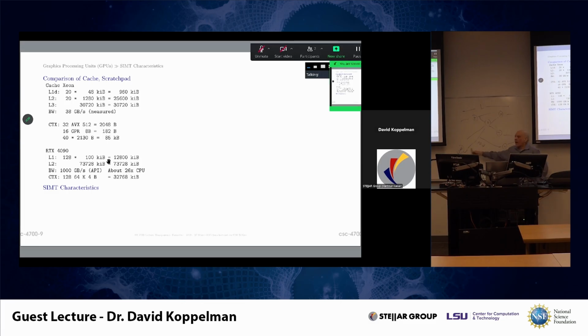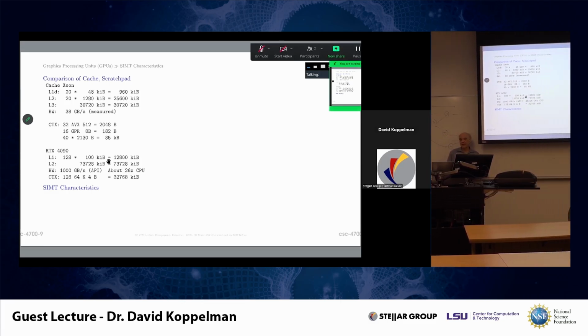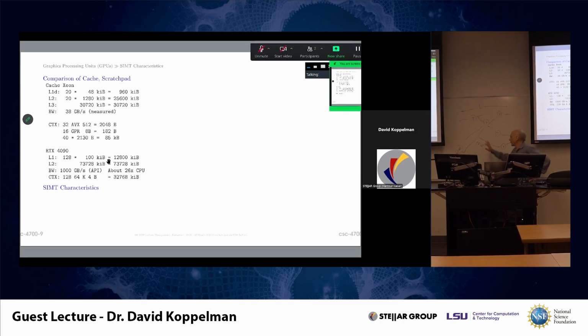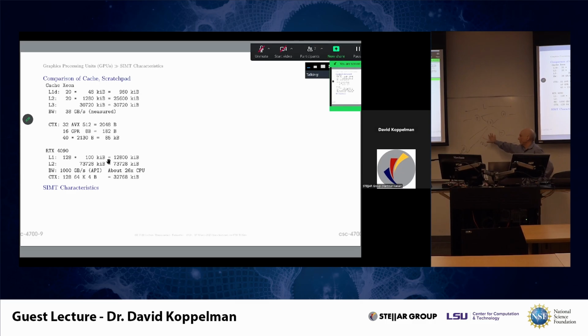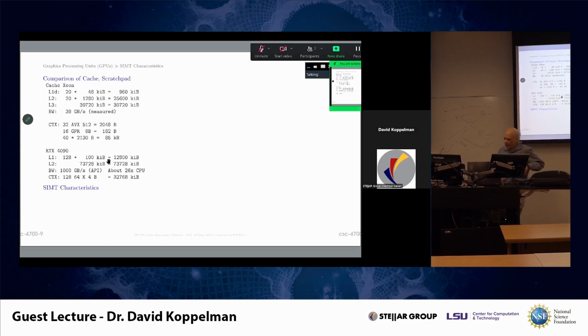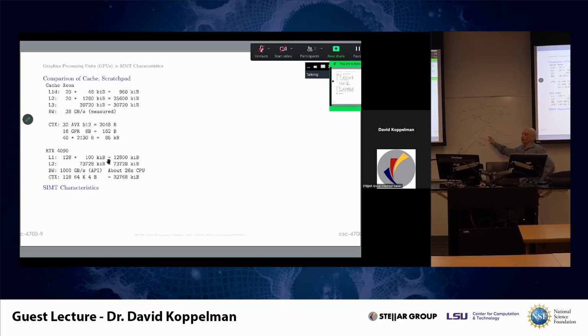That might be read from a cache several times. So we also need cache for that. Okay? So there's a certain amount of storage that's needed for this. So when we compare these two devices, we notice how much of this storage is really needed.